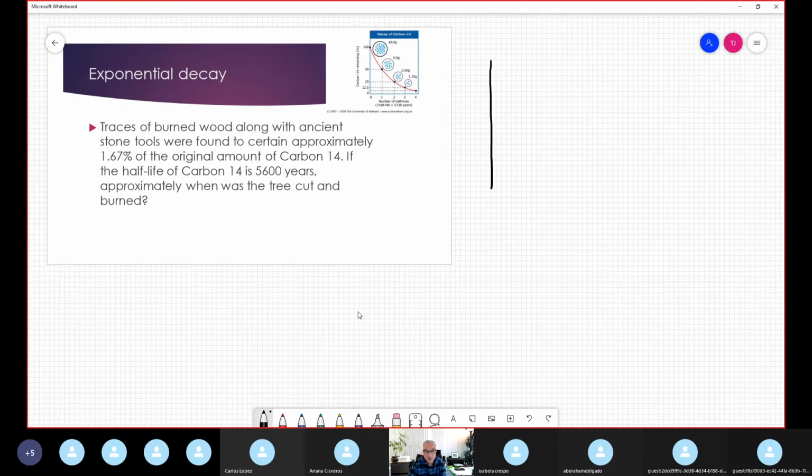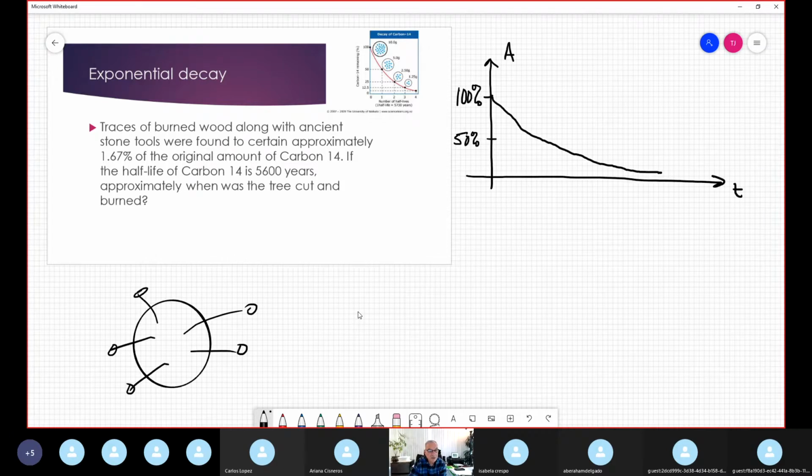And half-life is when you have 50%, half. For carbon-14, the half-life is 5,600 years. Wow, a long time.